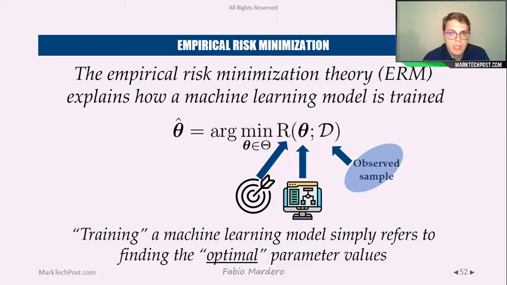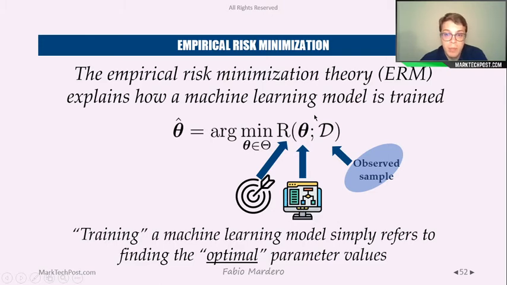I've said previously that the empirical risk minimization is the foundation of the machine learning theory. Well, because the empirical risk minimization theory explains how a machine learning model is trained through this formula. The goal is to estimate the parameters of the model by minimizing the risk function, which depends on the task, because we choose a proper loss function from the selected task.